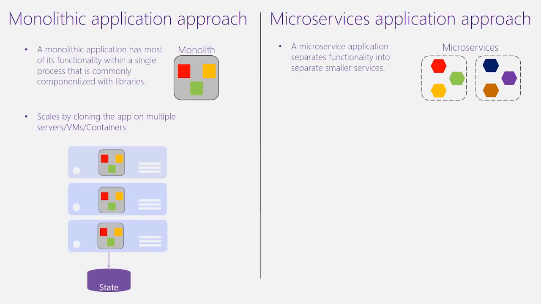Now, on the other hand, if we look at the microservice application, we break it down into smaller pieces. Each bigger square still represents an application, but this time the application is more like a logical construct rather than a big monolith application. So it basically just contains those services. The application then consists of independent microservices.